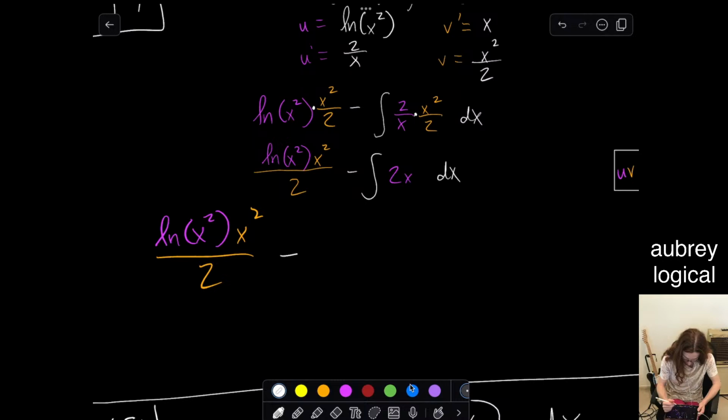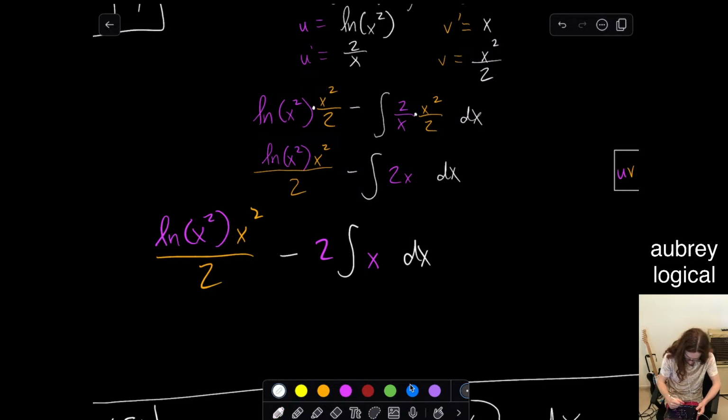Well, this is pretty easy because the integral of 2x, the 2 is going to come out front, and then we're just going to have the integral of x dx.